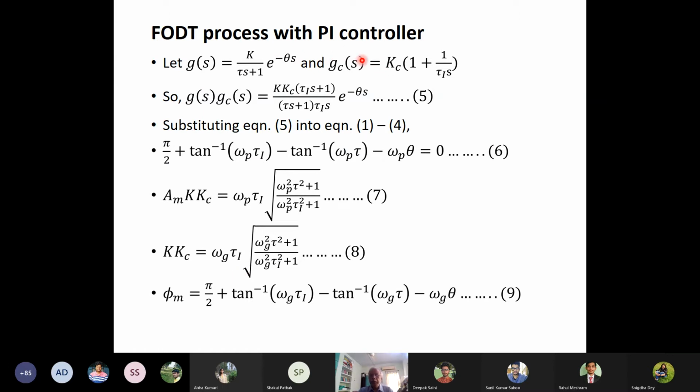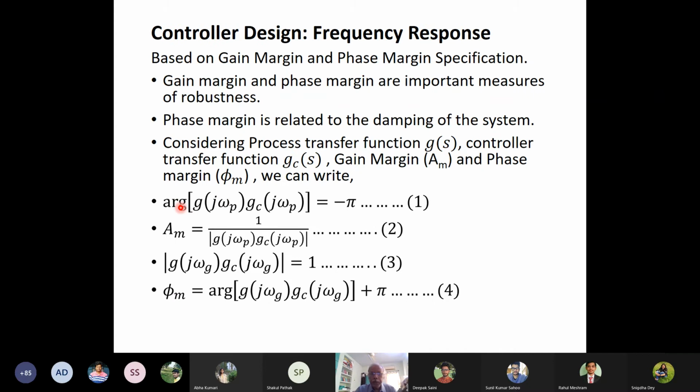If I take a PI controller, then G(s) will be K over (tau s plus 1) times e to the power minus theta s, and G_C(s) will be K_c times (1 plus 1 by tau_I s). From these expressions, in the first equation I am finding the argument of G(j omega_P) G_C(j omega_P) equal to minus pi.